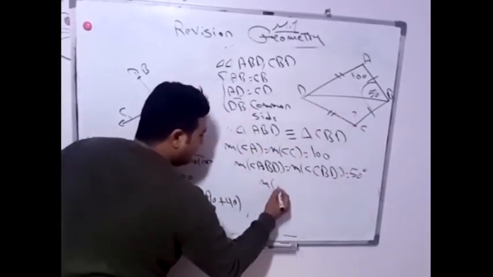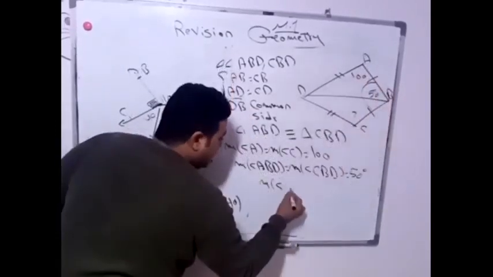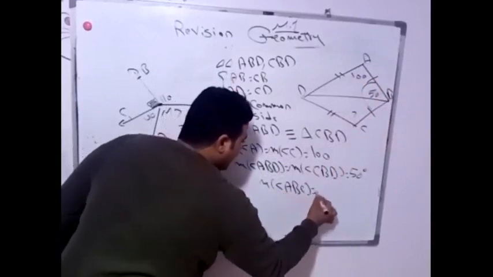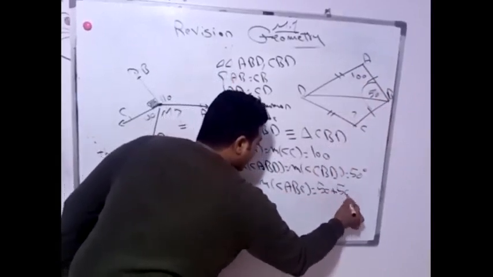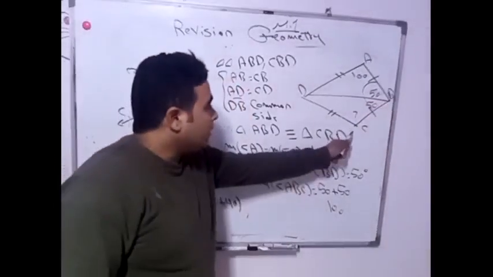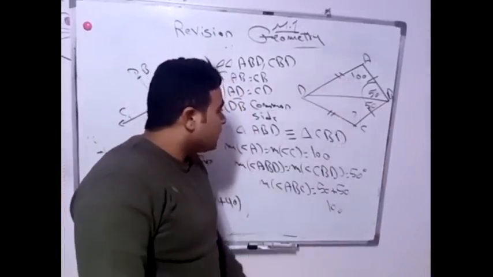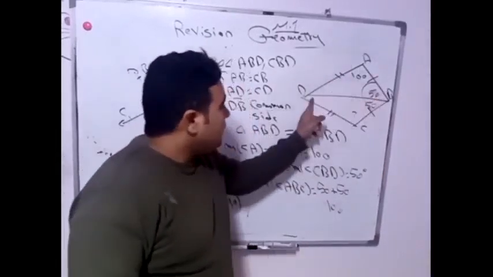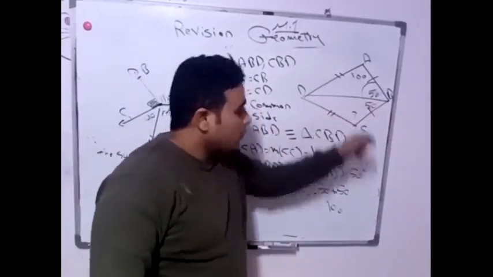So measure angle ABC equals 50 plus 50 equals 100. So our angle C equals angle A equals 100, and angle ABD equals angle CBD equals 50 degrees. This is my question now.